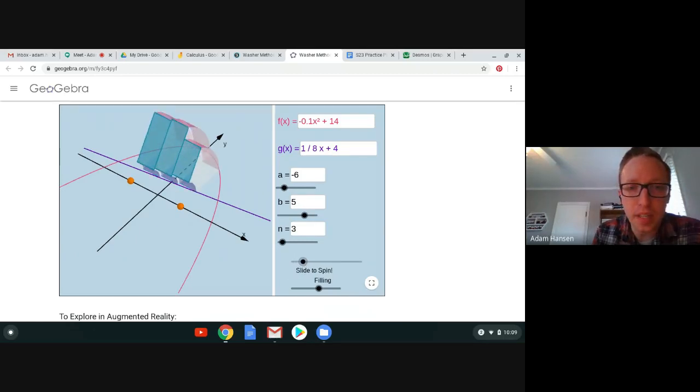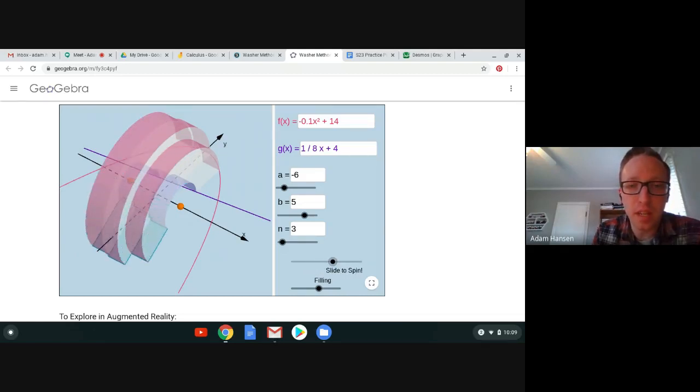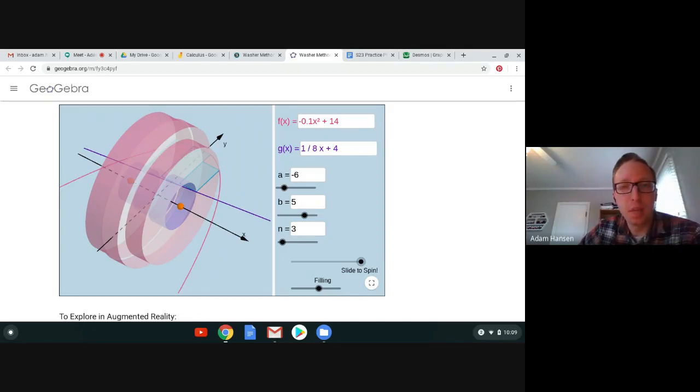So when I do, I can see that as I rotate this, it creates a washer or donut looking figure, because there is an interior radius, a gap between the linear function g of x and the axis of rotation, the x-axis. So when I rotate it completely, there's a hole in the middle. And our goal here today is to use the washer method to find the volume of a region rotated about some given axis.